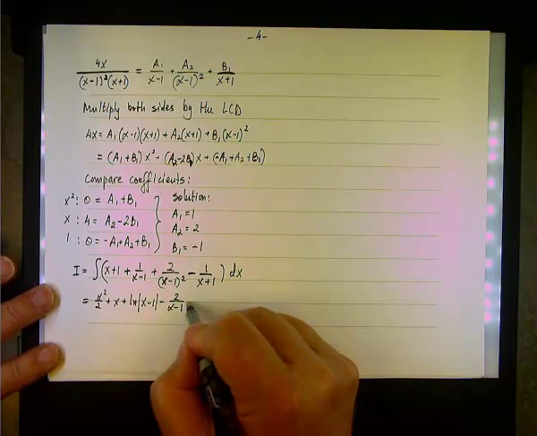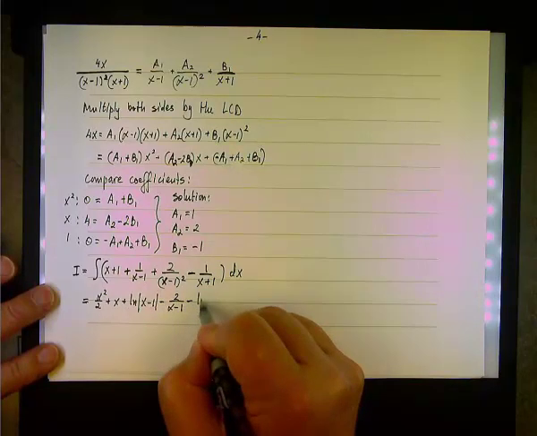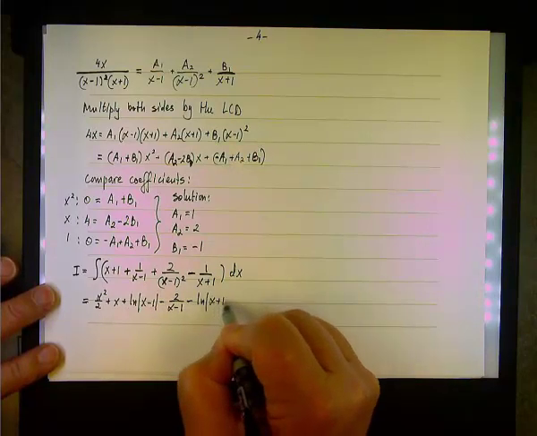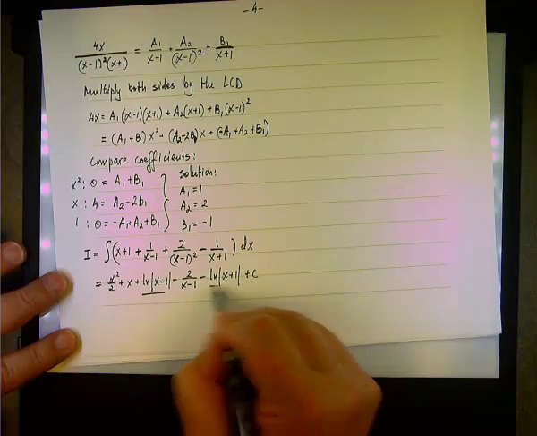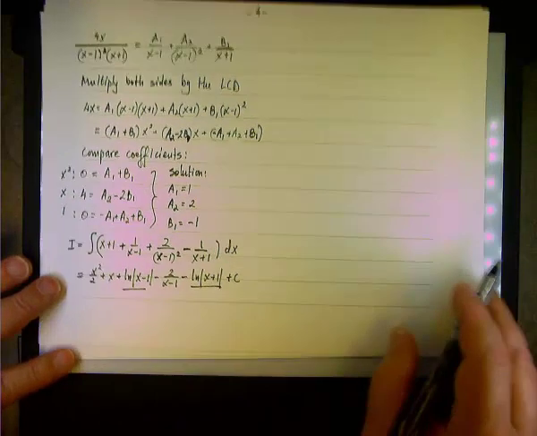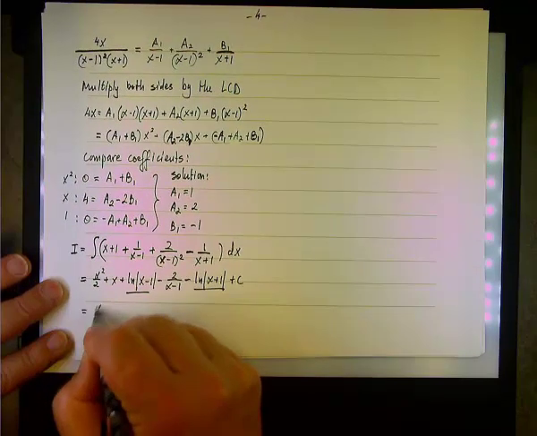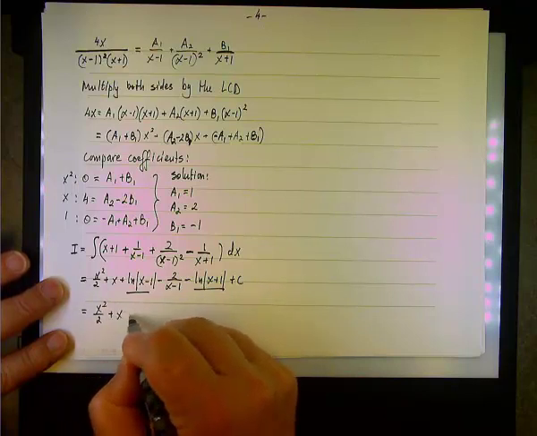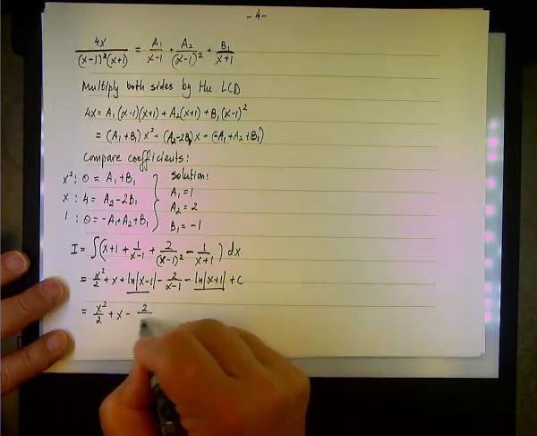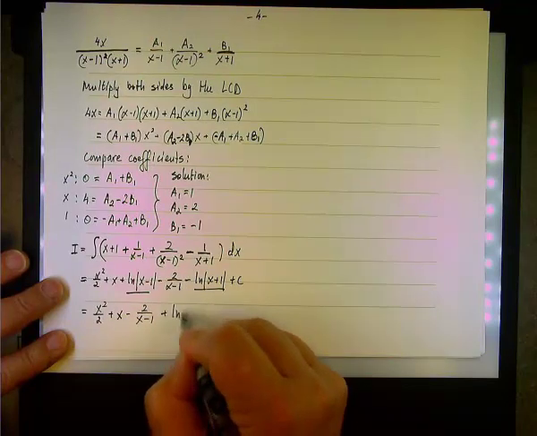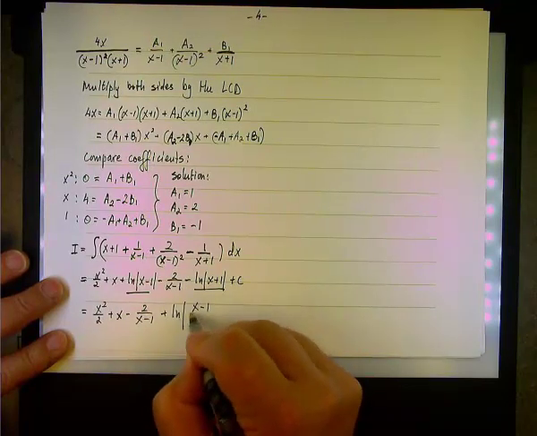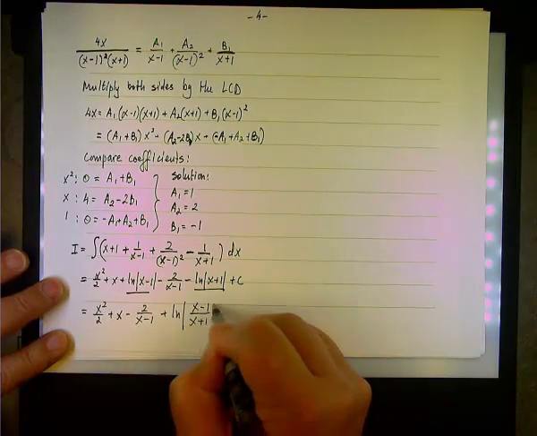And here, this is simply the natural log of the absolute value of x plus 1 plus c. Now look at these two terms. You can simplify and end up having x squared over 2 plus x minus 2 over x minus 1 plus the natural log of the absolute value of x minus 1 over x plus 1 plus c.